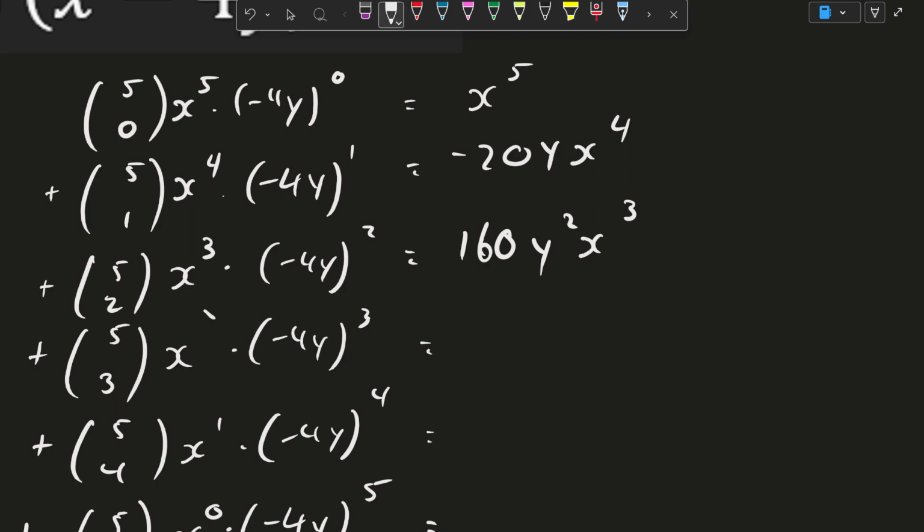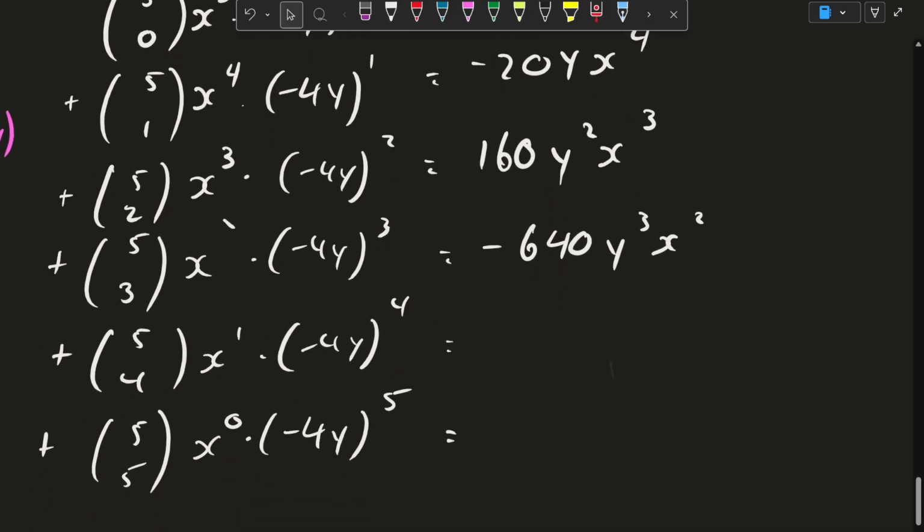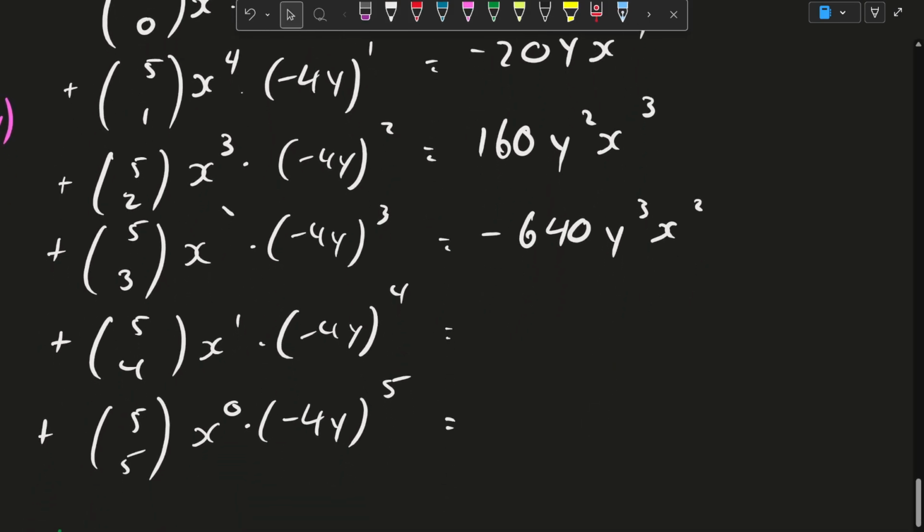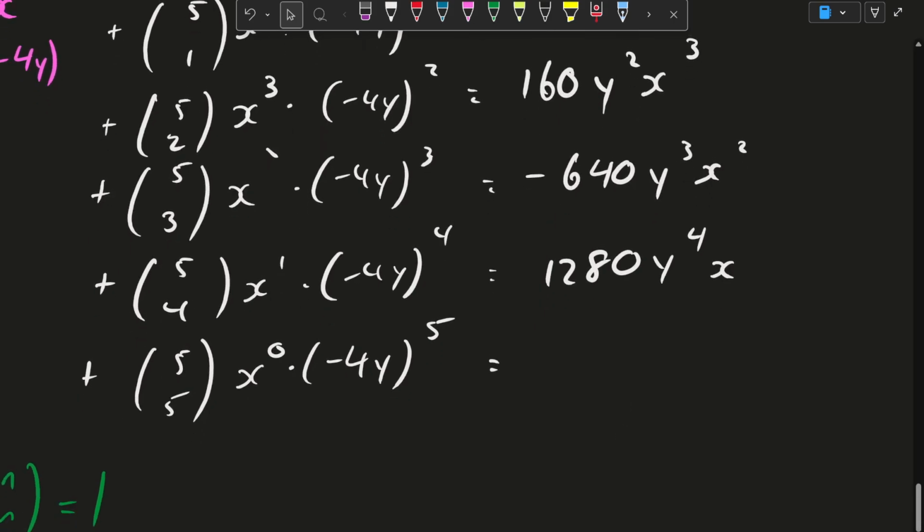So negative something cubed is still going to be negative, so it'll be minus 10 by 64, which is minus 640 y cubed x squared. Then 5 choose 1 less than itself is still 5. Then we have negative 4 to the 4, so it's going to be positive, so I'll have 1280 y to the 4 x. And then here, negative 4 to the 5 is negative 1024, so I'll have minus 1024 y to the 5.